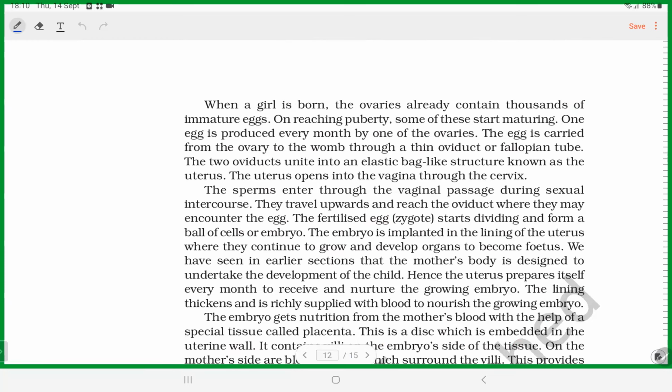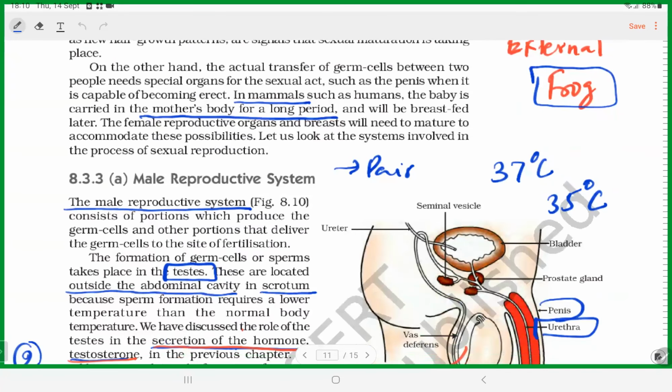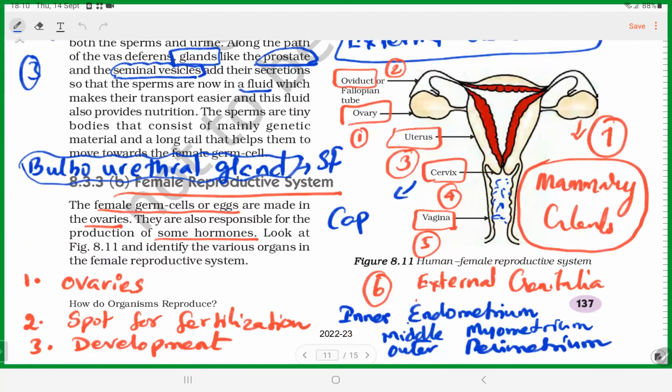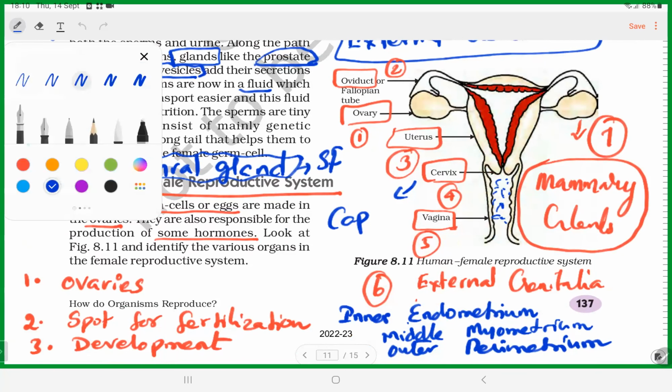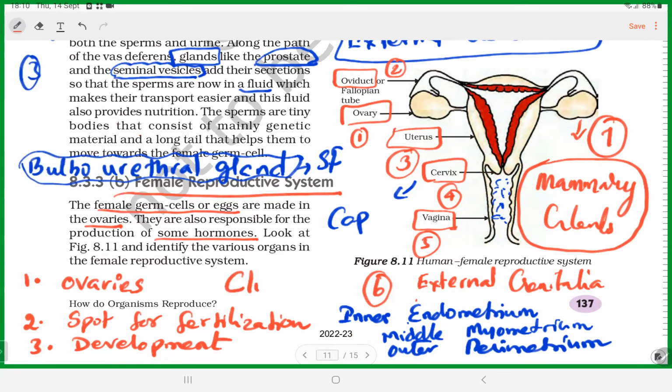Now, another important organ is there in females, the clitoris. Clitoris is also, you can say, the 7th one, and the mammary gland is the 8th one. The clitoris is a tissue flap which helps in sexual arousal in women.